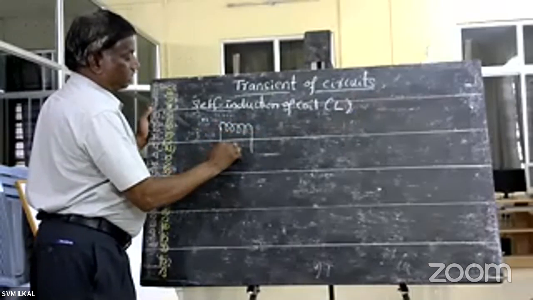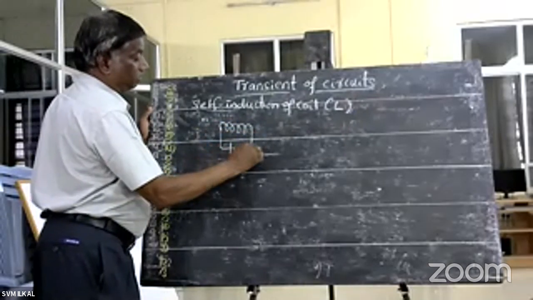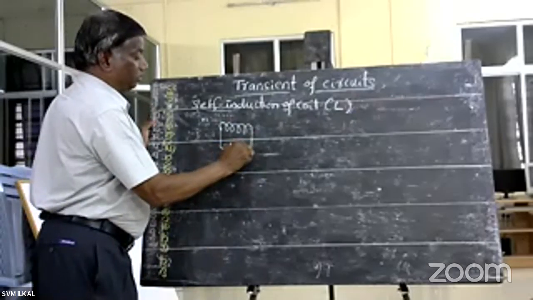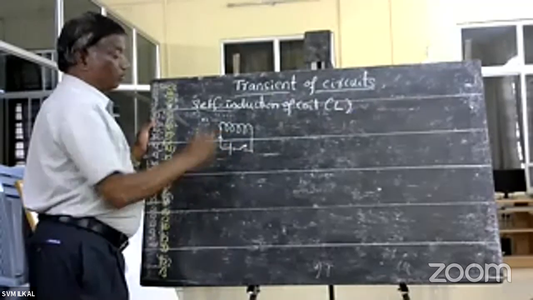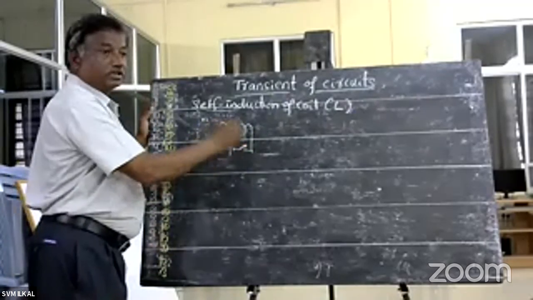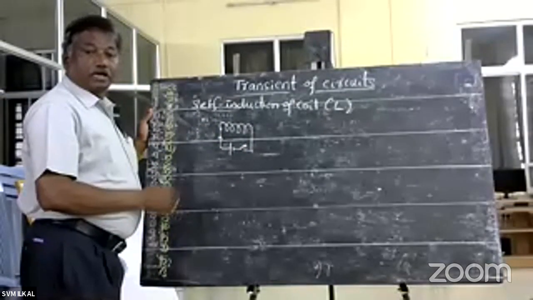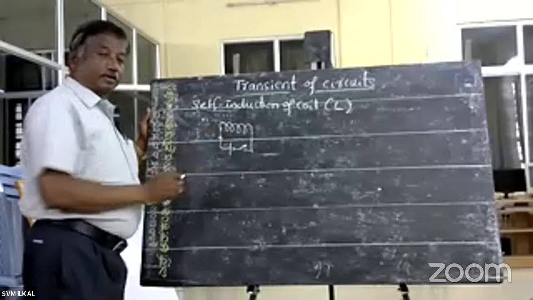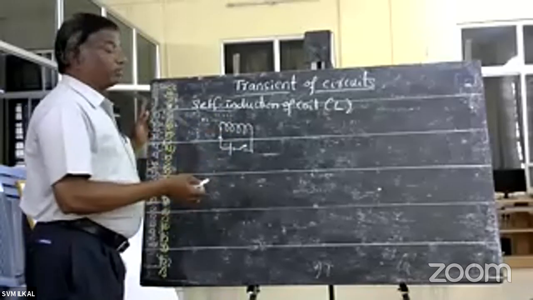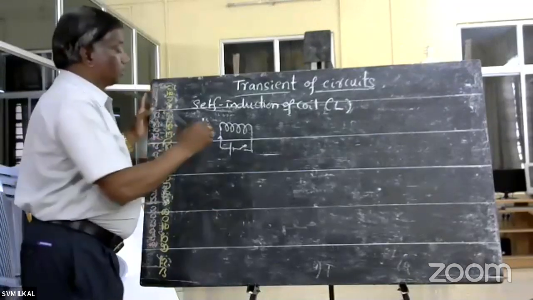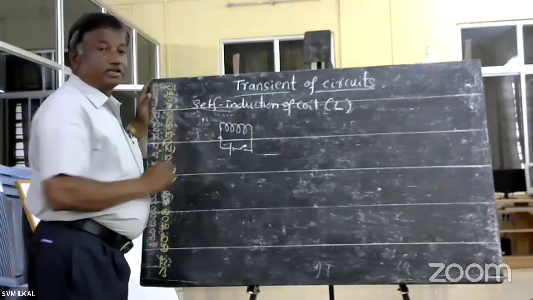If it is connected to the battery or EMF, when the circuit is switched on, current is growing in the circuit. As current is growing, that means increasing in the circuit. As per the magnetic effect of current, whenever current flows through the conductor or coil, the magnetic field is produced. Okay. So the magnetic flux is released.